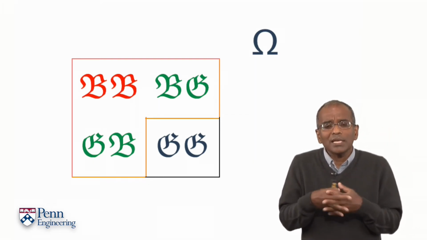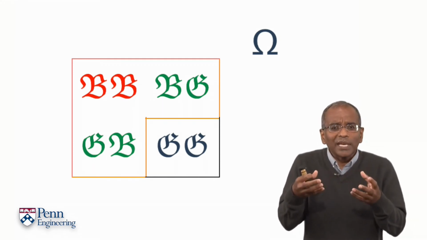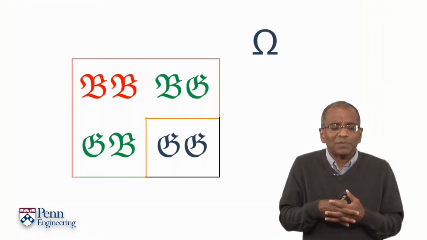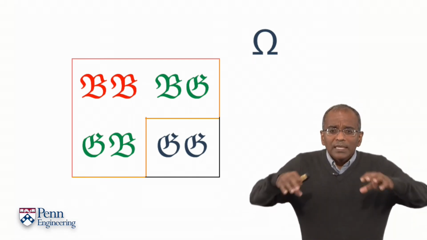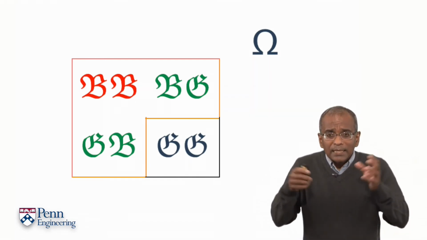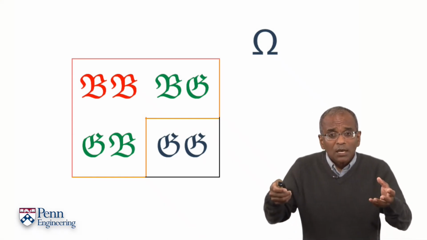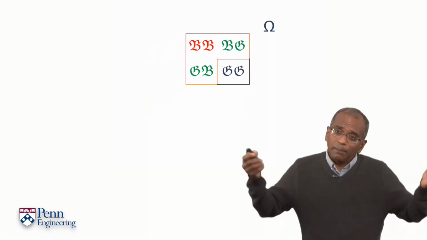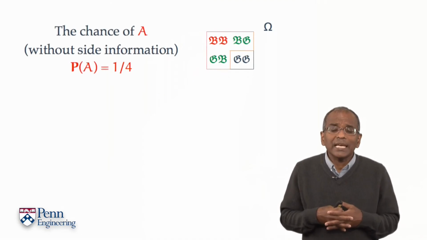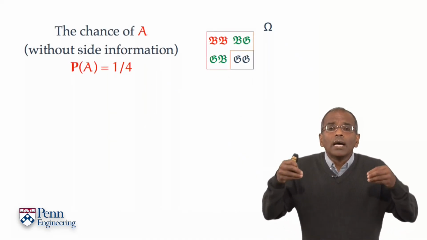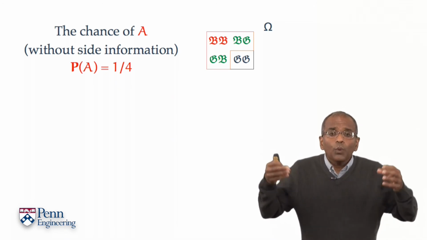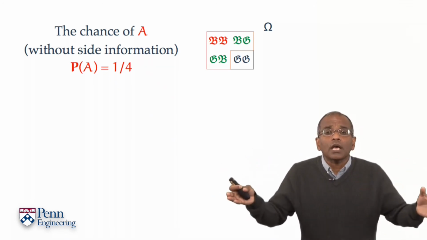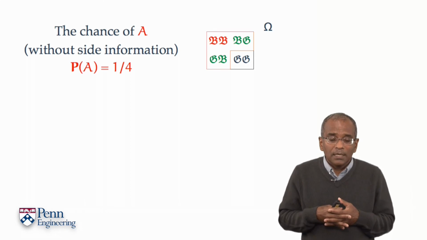I'm using red for the event A, and green, subsumed within the red in the case of BB, for the event B, that there's at least one boy. This now is a sample space. In this sample space, the chance of A occurring, because it is a combinatorial setting, is naturally 1 in 4. This is the unvarnished probability of A without any side information about the process at hand.